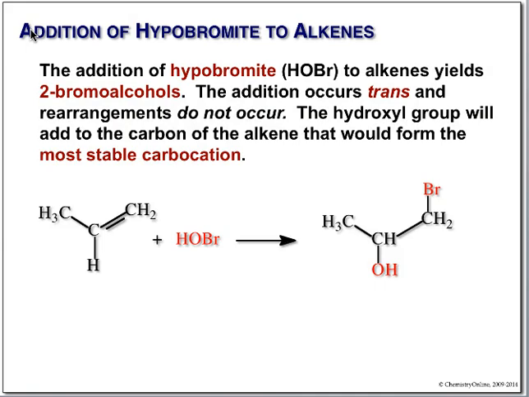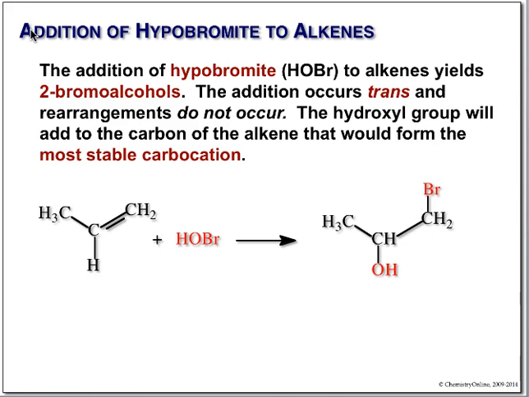What happens here is that HOBr is going to break down. Our bromine is going to add to our double bond to make a bromonium ion. When we get our bromonium ion, instead of Br minus attacking, like we just had in the previous one, HO minus is going to be the one that attacks.